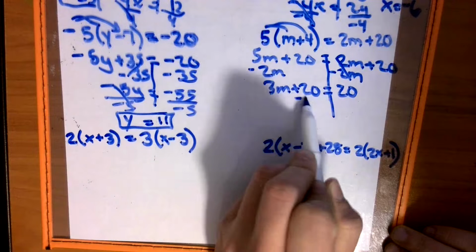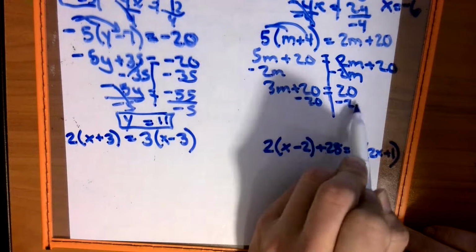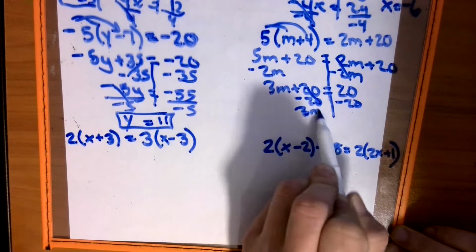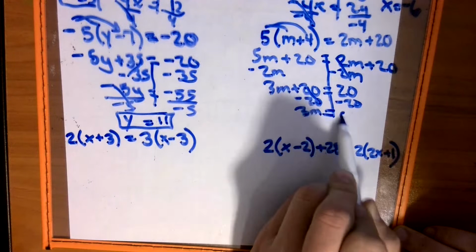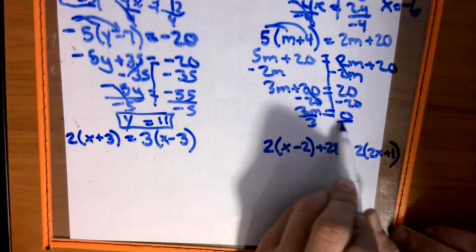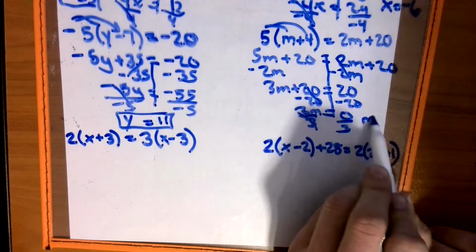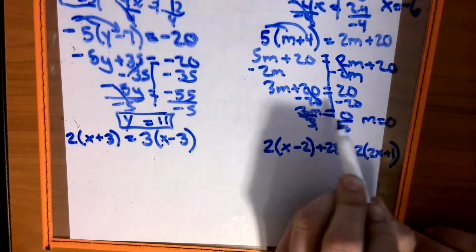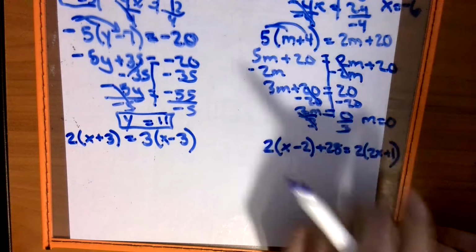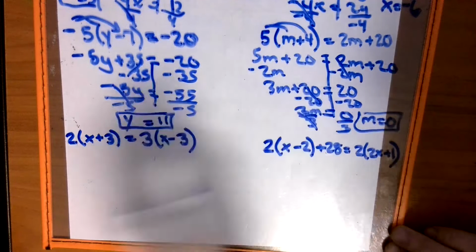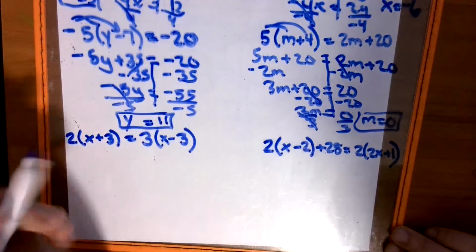We're going to bring this 20 over and subtract it. Good 20, bad 20 cancel out. Divide by 3. Divide by 3. m would be 0. Even though you see this is 0 right off, you still want to have that final piece to show the math behind it.